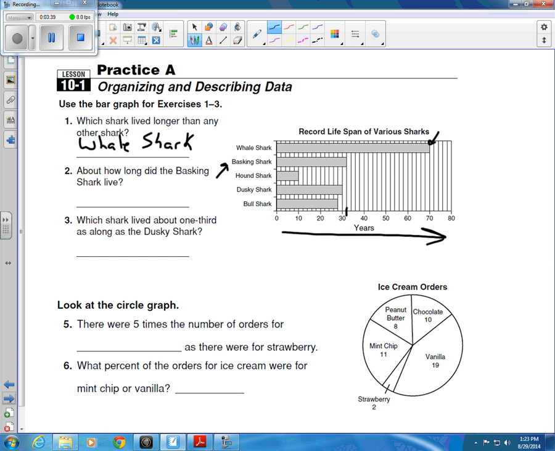If you really wanted to get into doing the math, there looks like there's 5 bars between the 30 and the 40, which means because there is a difference of 10 between 40 and 30, we have a set of 10 years here, and a fifth of 10 years is 2 years. So because that bar goes 1 notch out past the 30, that would be about 32 years.